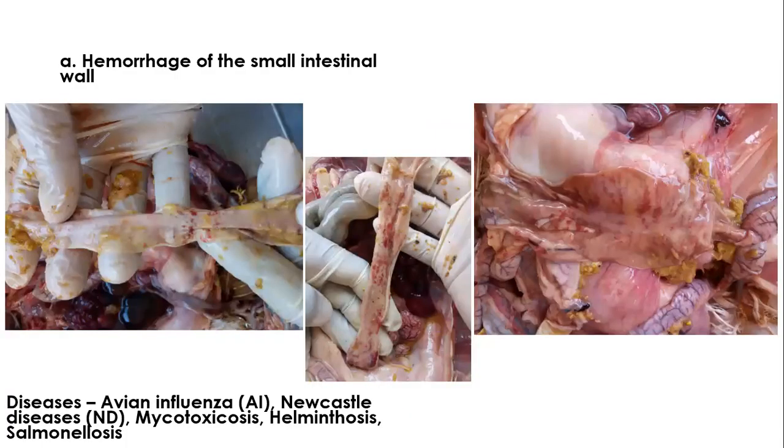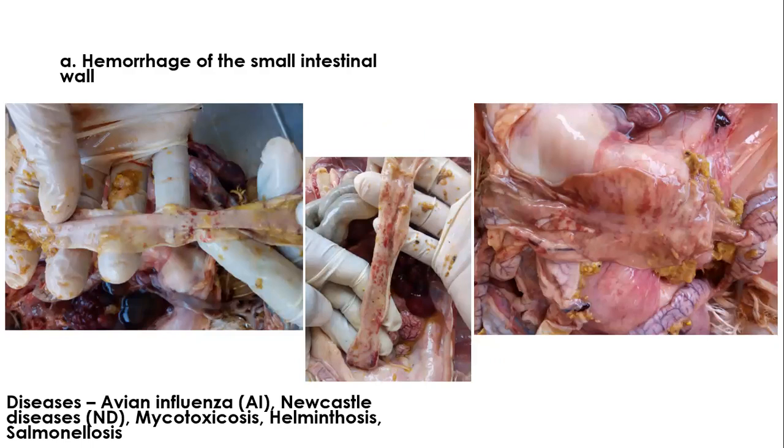So let's go to, we are still in the digestive system. Look at the intestine. You can see internal bleeding. You can see hemorrhage of the small intestinal wall of various fashion and various shades. So I decided to bring these three up so that you'll have at least a mental picture of different forms. Some of them can be pinpoint, some of them you can see like a brush, as you can see in the third slide.